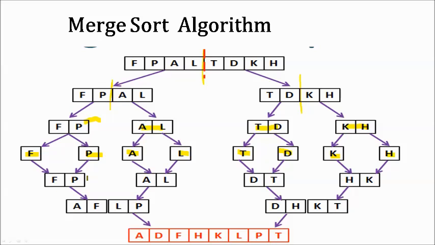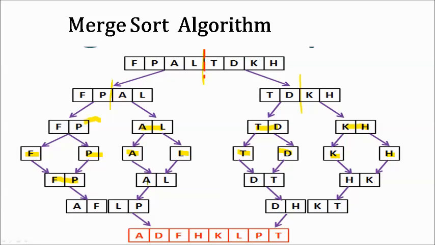After splitting, the next thing we should do is merge. But if you are to merge, you are also going to apply sorting. To merge F and P, we have FP, sorted already.